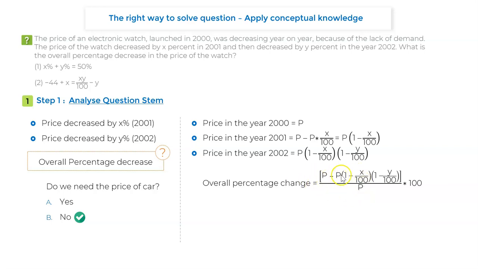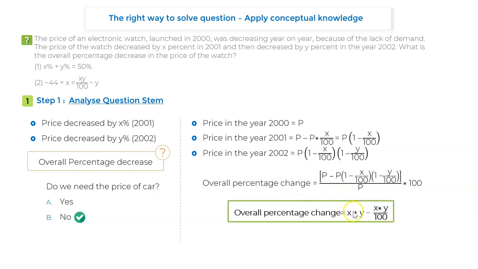If you do some manipulation and solve it out, ultimately you'll be left with X plus Y minus XY/100.